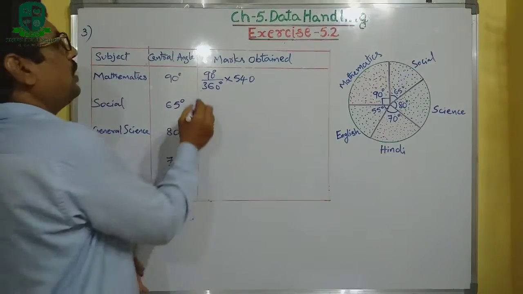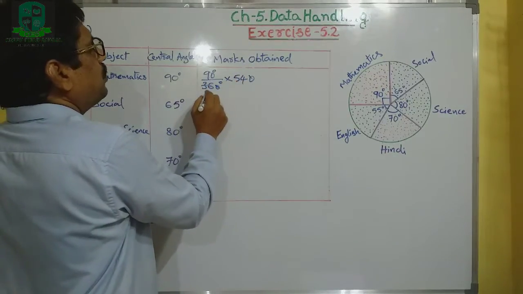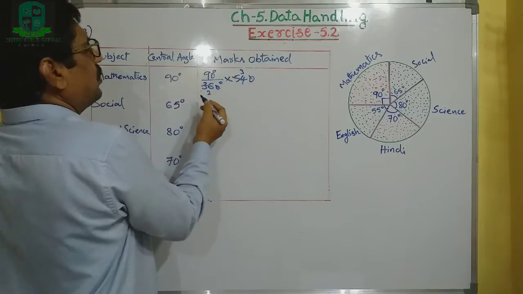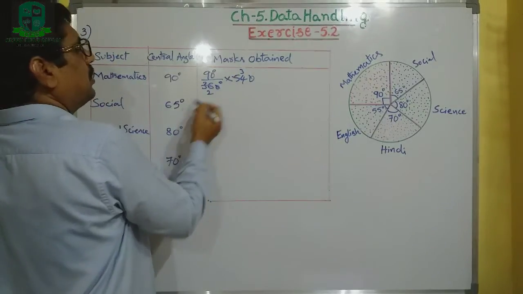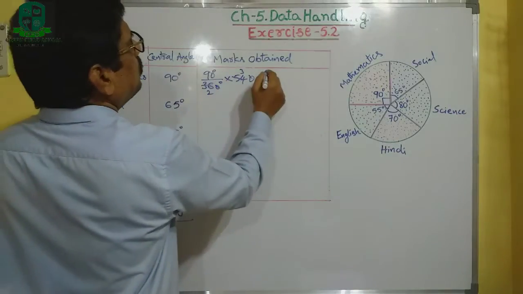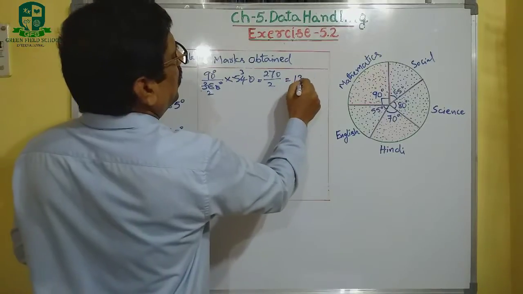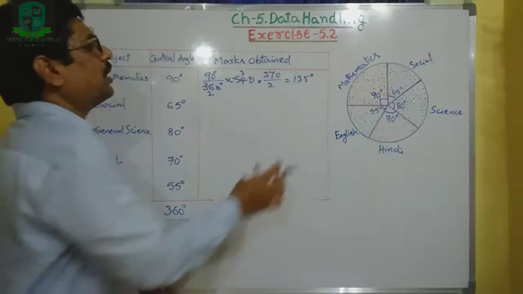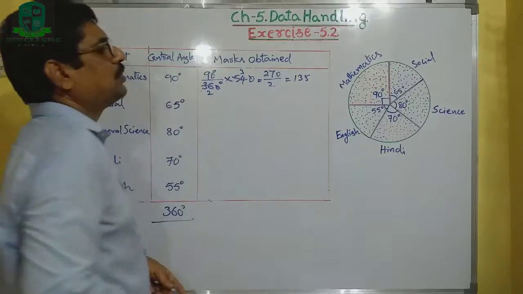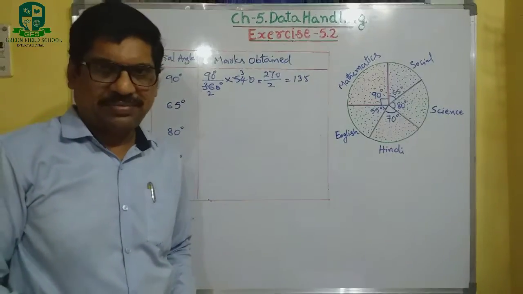Now let us cancel this. The zeros cancel. In the 18 table, 18 2s are 36, 18 3s are 54. So here 2, here 3. Now 90 into 3 is 270, by 2, that is 135. So the marks in mathematics is 135.